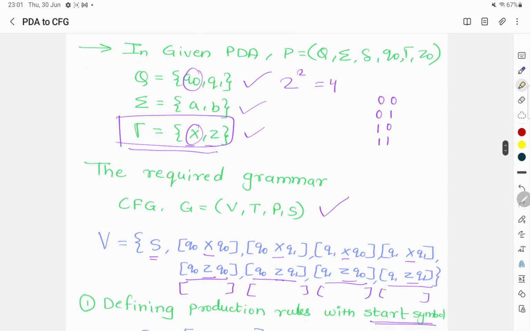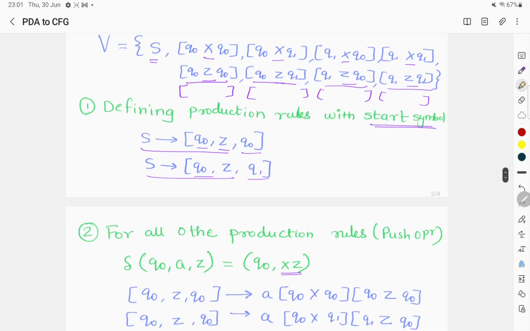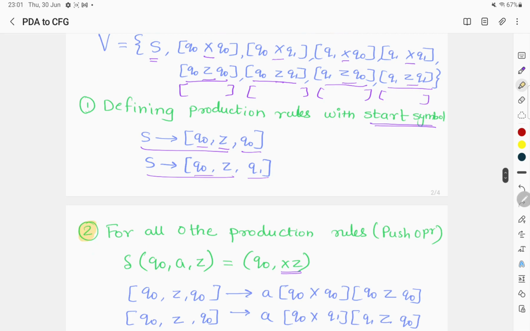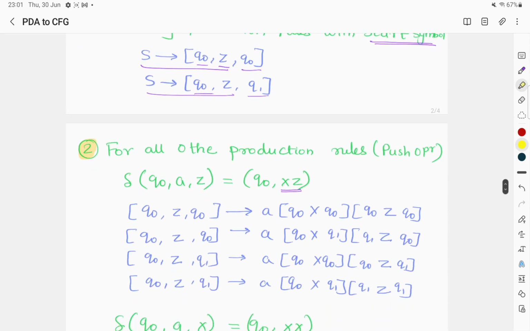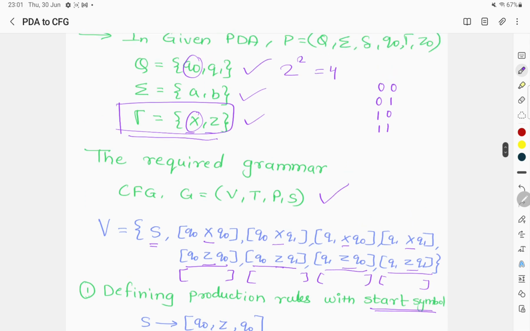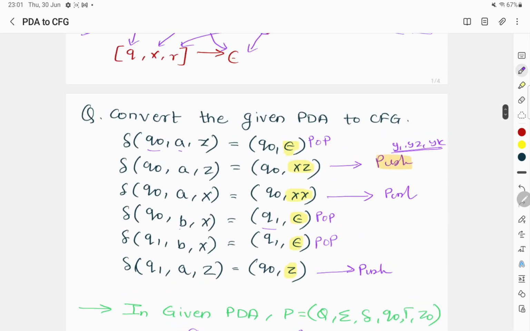So here, after identifying all the start symbols, the second type that I am doing is identifying all the push operations. So I am writing one transition which is of type push. The first transition that I have written is Q0AZ and Q0XZ. You see here the first push operation that I have, Q0AZ, Q0XZ.